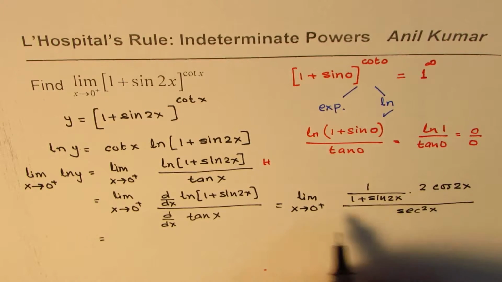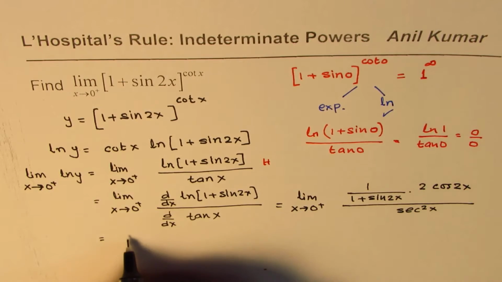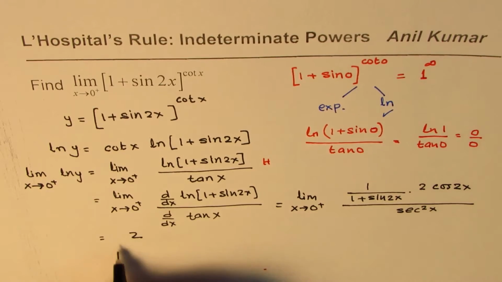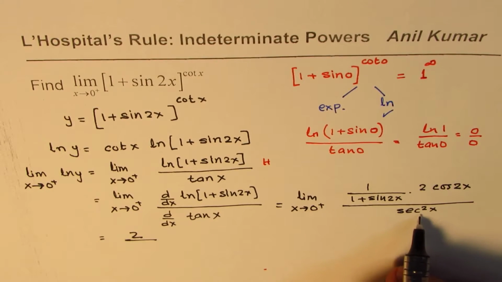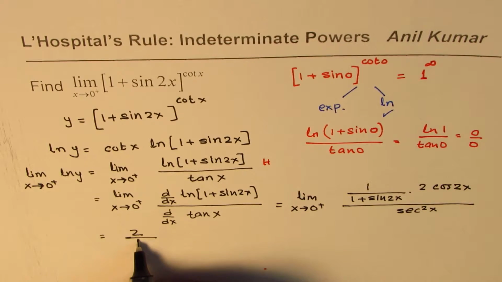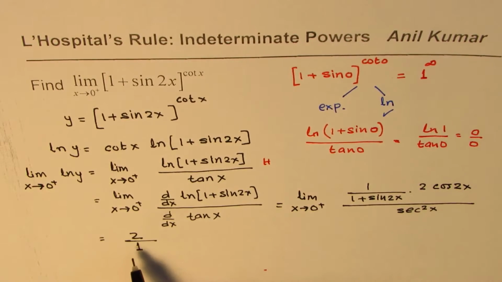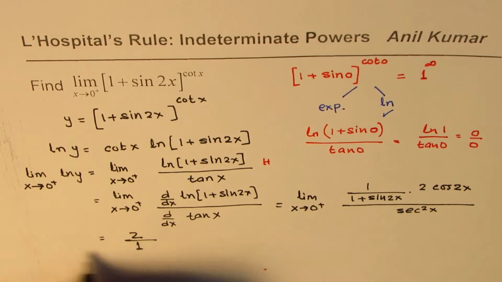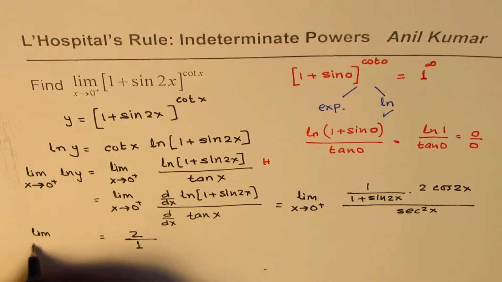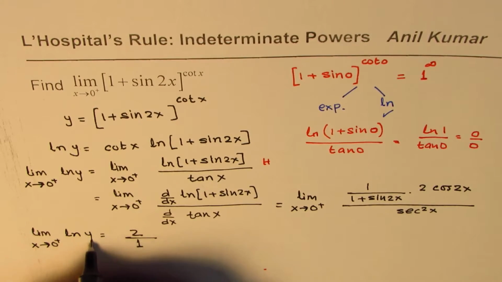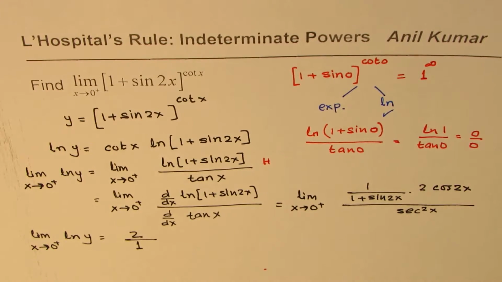So we get 2 in the numerator. And for secant square x at 0, we get 1 square, which is 1, right? So we get 2 over 1, which is 2. So what we find here is that the limit as x approaches 0 from the right side of ln y is equal to 2, right?